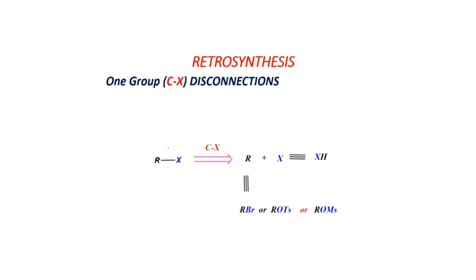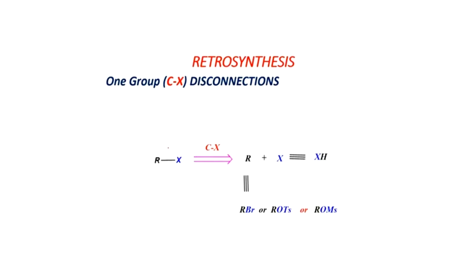When we cleave the C-X bond, we should fragment it in such a way that we get a stable fragment, a stable synthon or free radical, or an intermediate which may be stable or unstable. Firstly we have to try to get stable compounds so that our synthesis could be easier or finer.